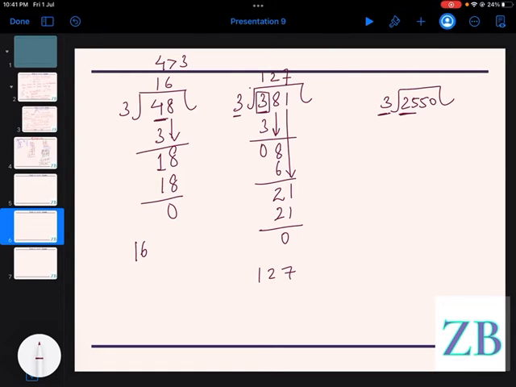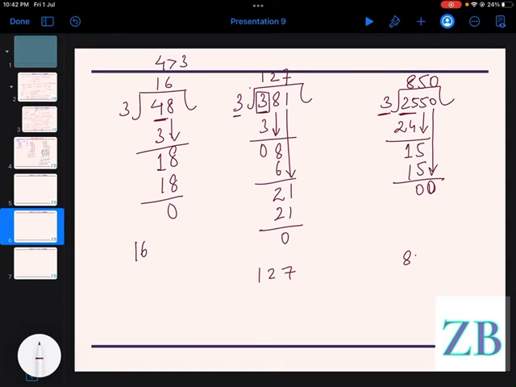We combine them, and now I'll see how many times can 3 go into 25. 3 times 8 is 24. Just 8 times, leaving 1 as a remainder. Bring 5 down. 3 times 5 is 15. 0.